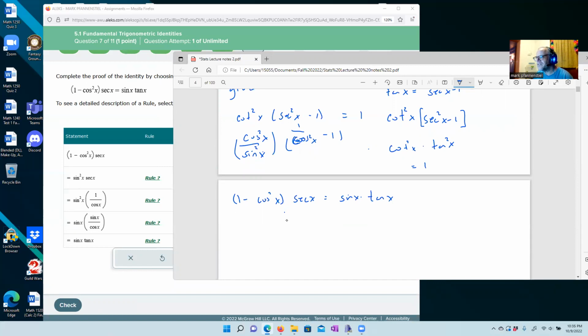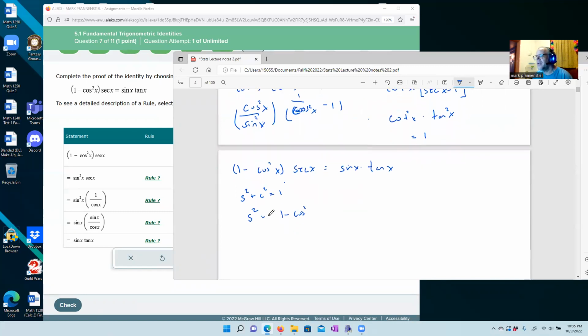Okay, well, why don't we start with sine squared plus cosine squared is equal to 1. So sine squared would be 1 minus cosine squared. So instead of 1 minus cosine squared, let's abbreviate that with sine squared x times secant x. All I've done is replace that. That was a Pythagorean identity.